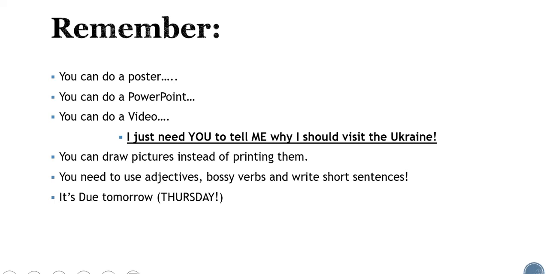Bossy verbs. Tell me what to do. And you need to write a short sentence. So you can't just write eat. I want to hear you write eat the most delicious daruni of your life. Okay? Remember, you need to combine all of those things. So eat would be the bossy verb. Delicious would be the adjective, and then obviously what I'm eating.